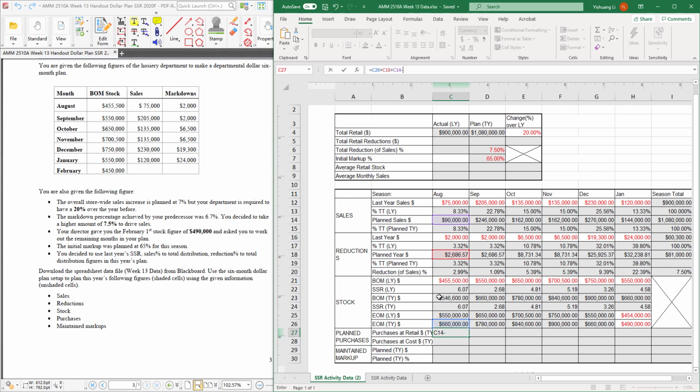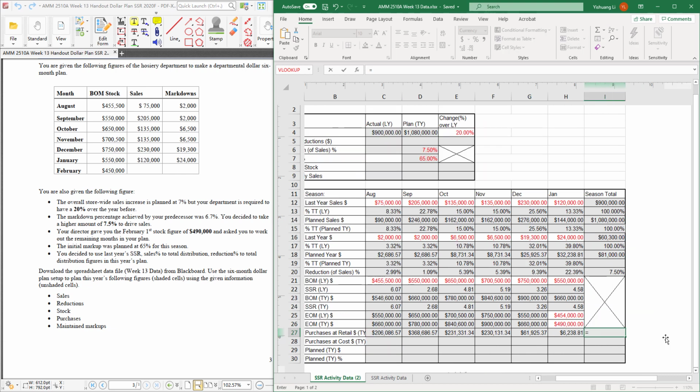And the BOM should be this year's number too. And we can drag this along. And the monthly and the seasonal total of the purchases equals the sum of the 6 months purchases.